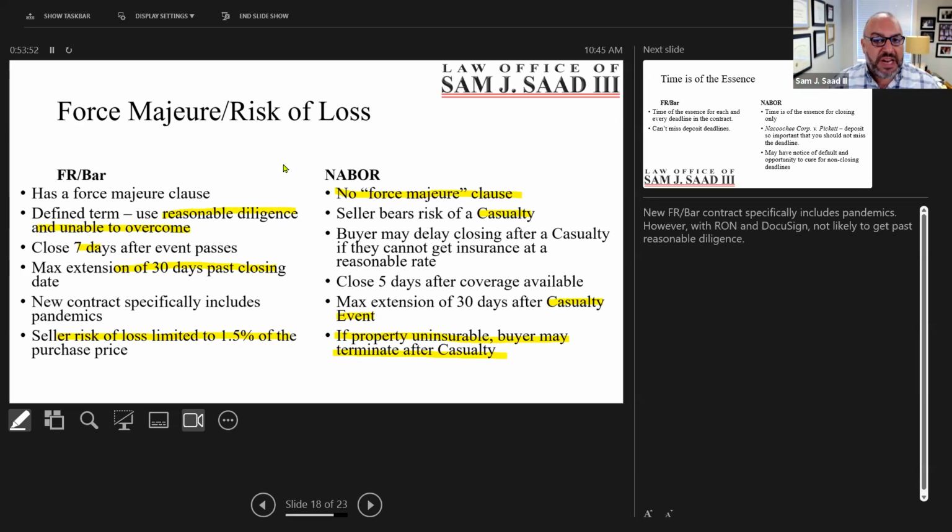But if I can get you a DocuSign and you're a buyer and you just don't want to close because you're scared of the hurricane now, you're going to lose your deposit. So reasonable diligence to overcome includes the use of the technology available to us to get past the pandemics and the hurricanes. Okay, a few more slides.